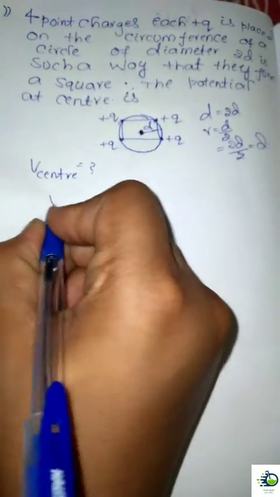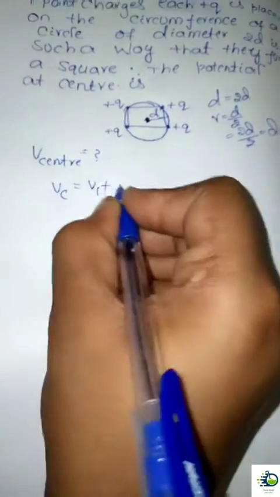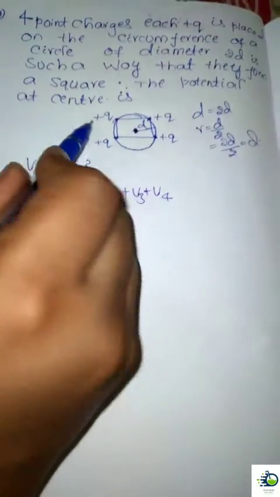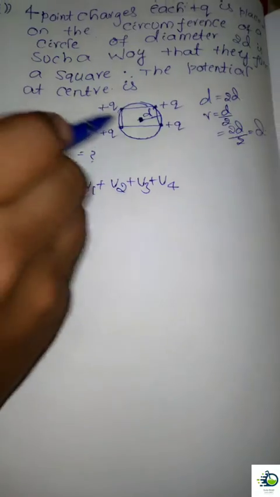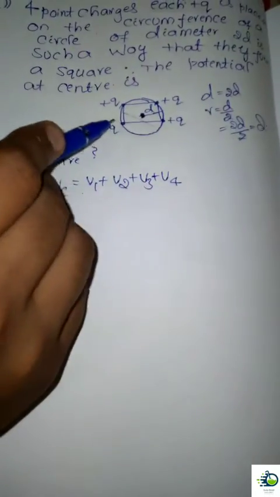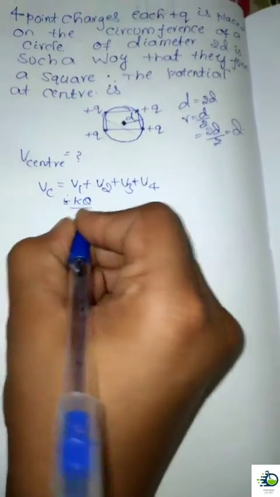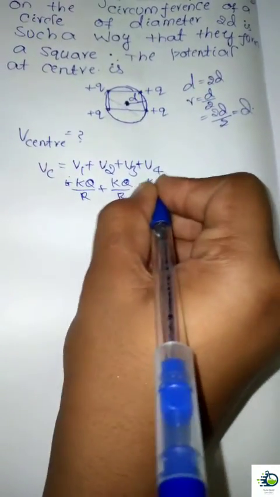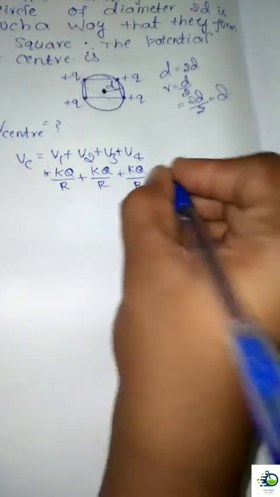Now V at the center is equal to V1 plus V2 plus V3 plus V4, the potentials due to this q, this q, this q and this q. We know that each is kq by R. Here the charges are the same and R is the same.